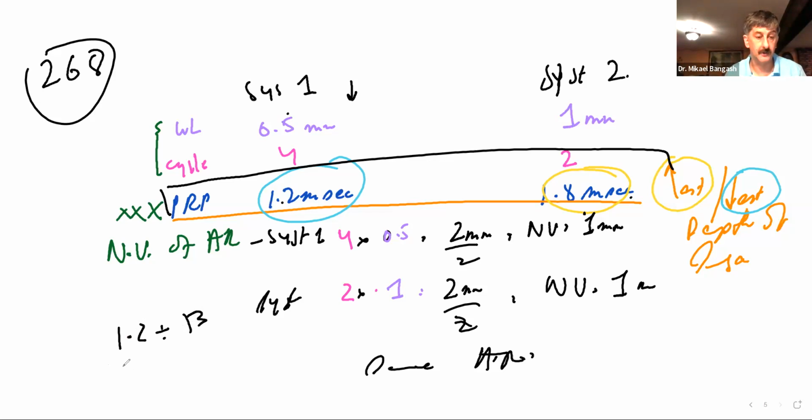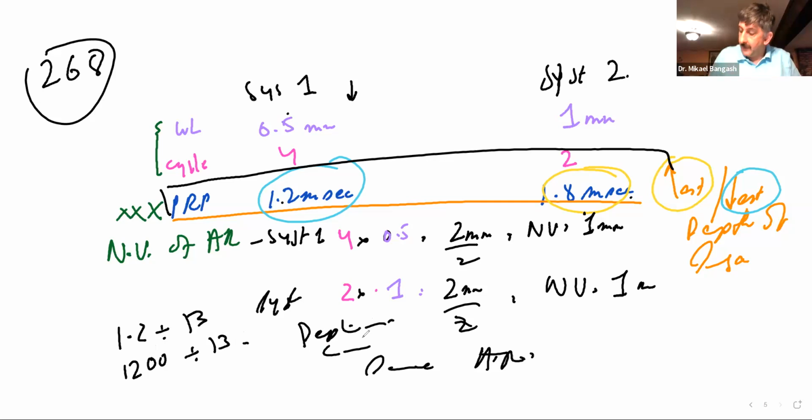Or 100 divided by 13. That will give you the depth of image in centimeters. But let's not make it more complicated than it is.